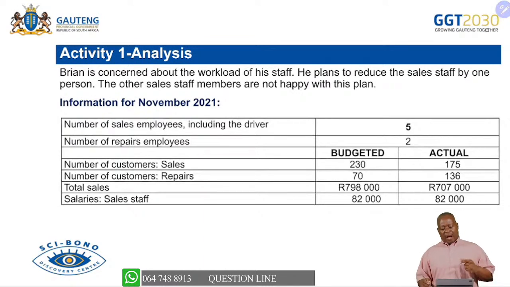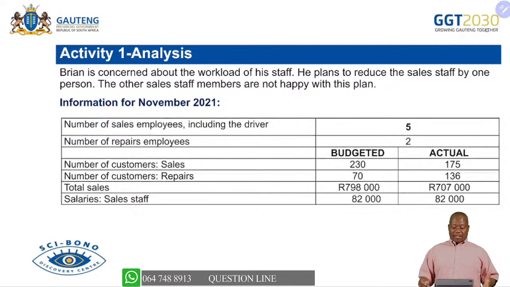Okay. Now, let's check into the number of customers in sales. We had budgeted to achieve 230 customers, but we only got 175 customers. So it means we are not having the desired number of customers.